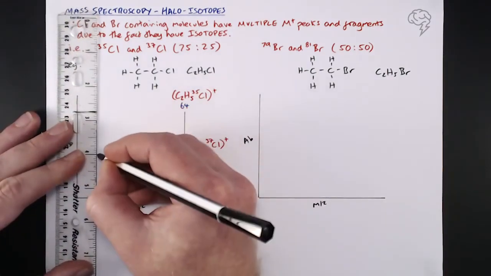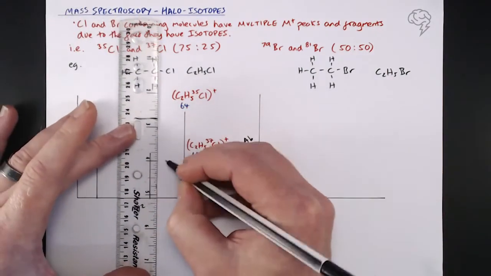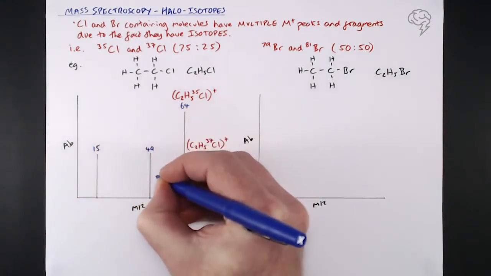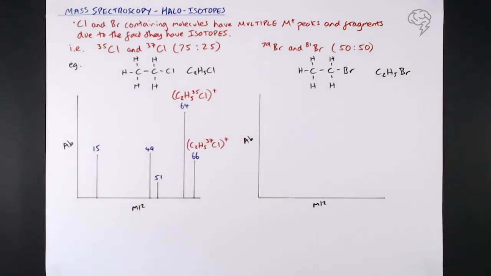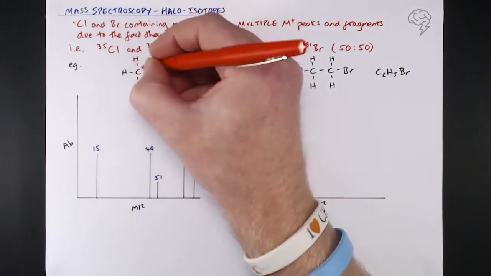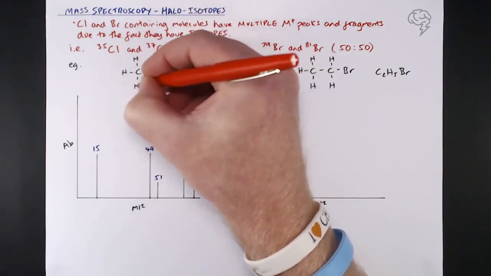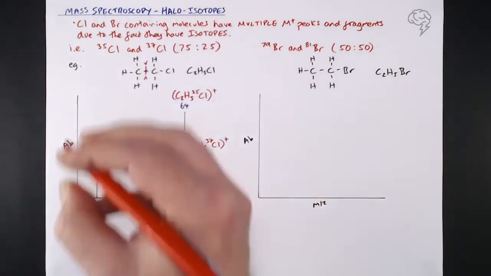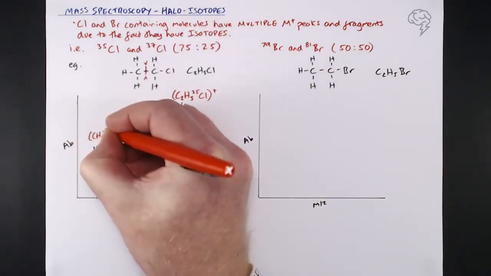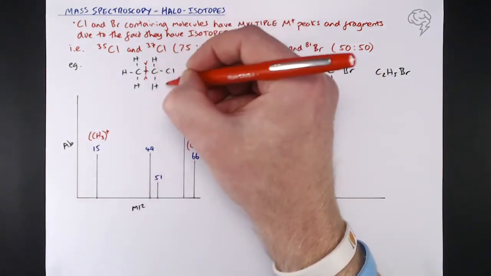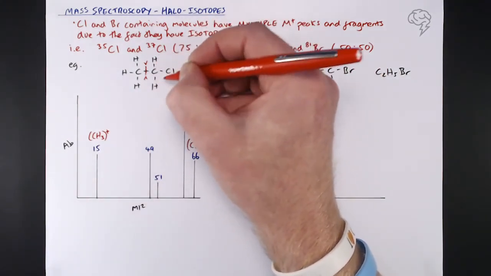So we're going to get three different fragments here. Let's say we broke that carbon to carbon bond, we're going to get 15, 49, and 51. And as I say, we're breaking this carbon bond here. So the 15 is caused by the CH3 plus, as 15 is usually caused by. On the other side here, though, we've got CH2Cl.